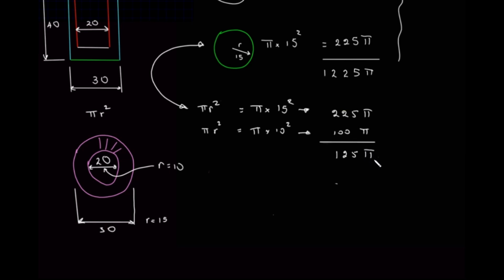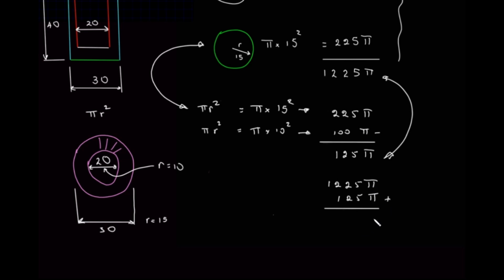When you have a value that doesn't change, it's called a constant. So that is the constant pi. And what we've got to do is add these two together. So we end up with 1,225 pi plus this one here, 125 pi. Add them together because that's a subtraction, that's an add.